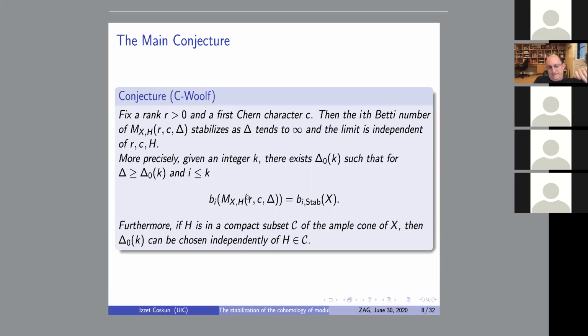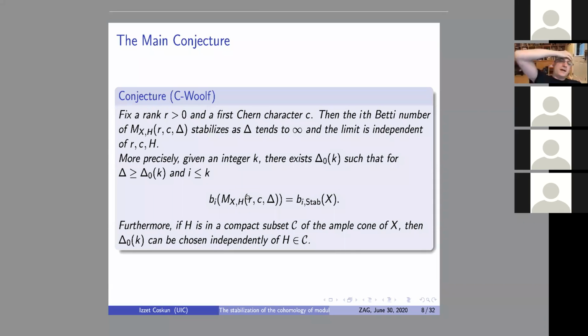Is this conjecture known for curves? Well, this conjecture as stated doesn't make much sense for curves because there is no second Chern class for curves, but there is a similar thing for curves. But independence of R and C makes sense, right?